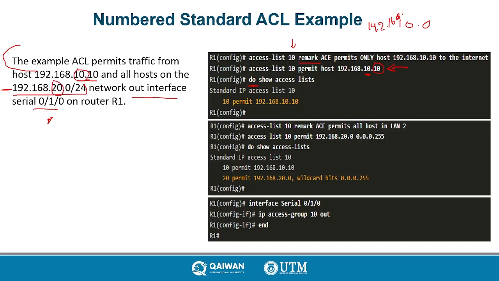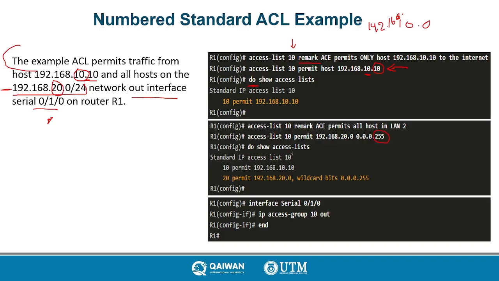In LAN 1, it will be only host 10, and on LAN 2, all the IPs. So how would we do that? We will say access-list 10 permit 192.168.20.0 with wildcard 0.0.0.255, which means all the IPs inside this LAN, and the remark says all hosts in the LAN.